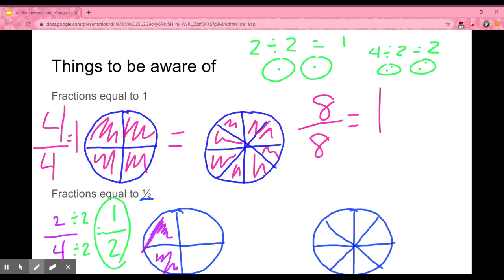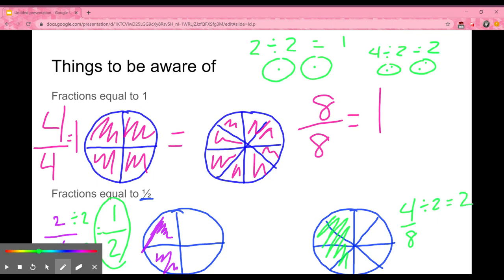So if we look at this one over here, if I were to eat half of this, that's 4 pieces out of 8 total. And it should equal 1/2, and I'm going to check that real quick. We just did 4 divided by 2 over here, so I know that this equals 2. 8 divided by 2, if I were to count by 2's up to 8, 2, 4, 6, 8, it took 4 tries, or 4 numbers.